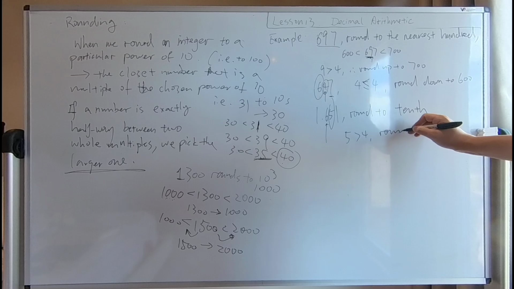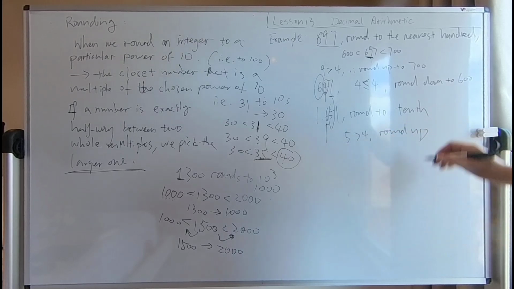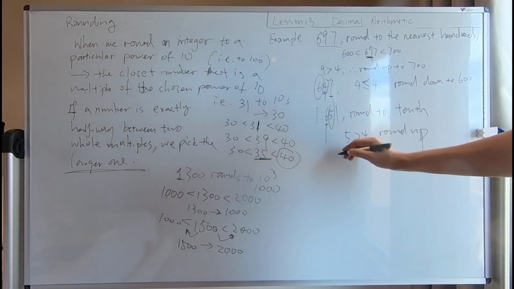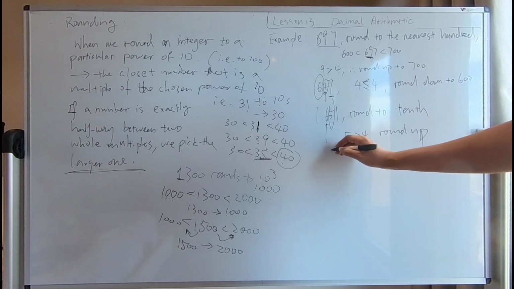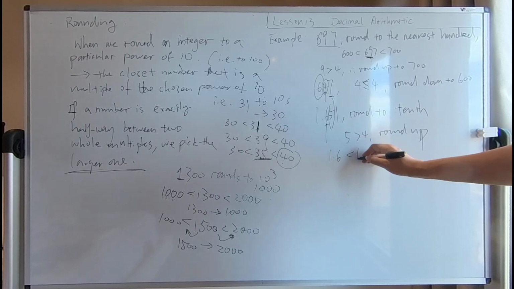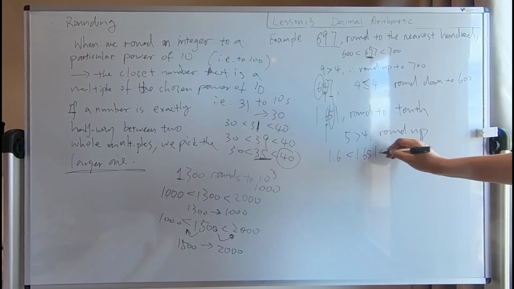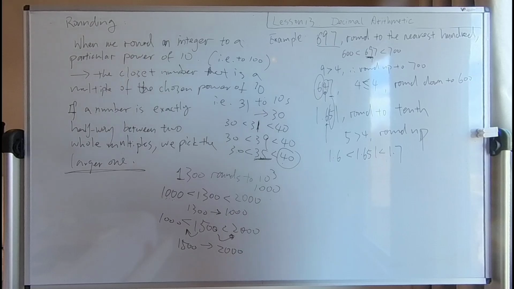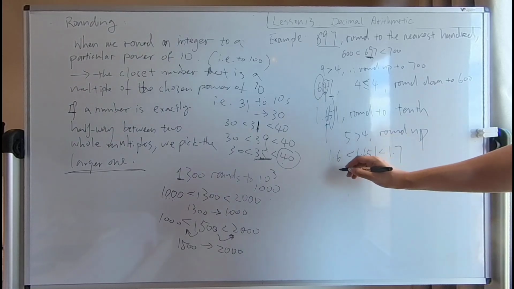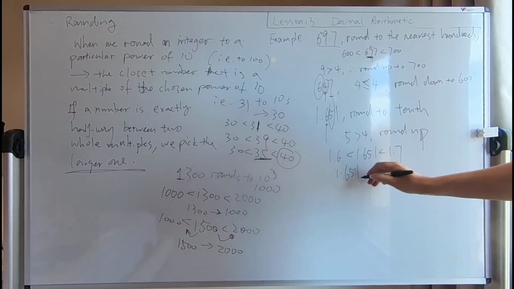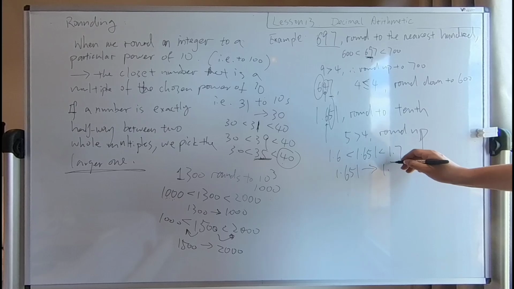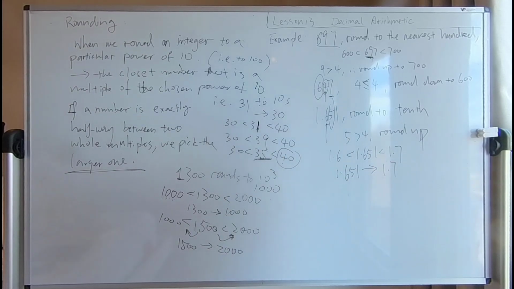That means I need to round up. And the tenths surrounding this number are 1.6 and 1.7, right? So by rounding up, this number will round to 1.7. Okay, so this is how you round down and round up.